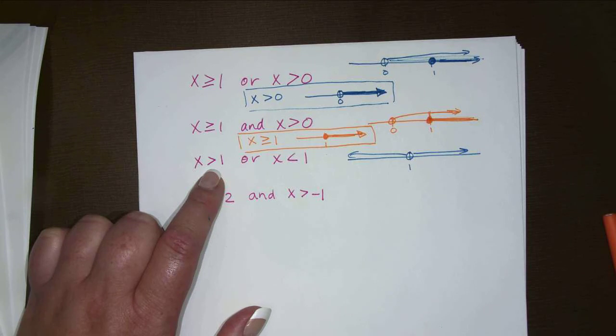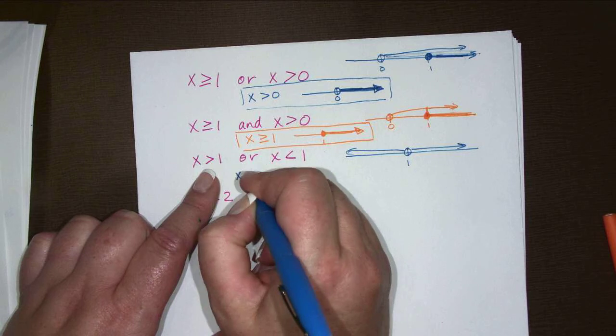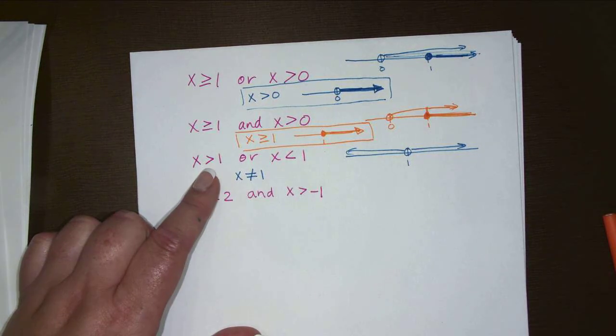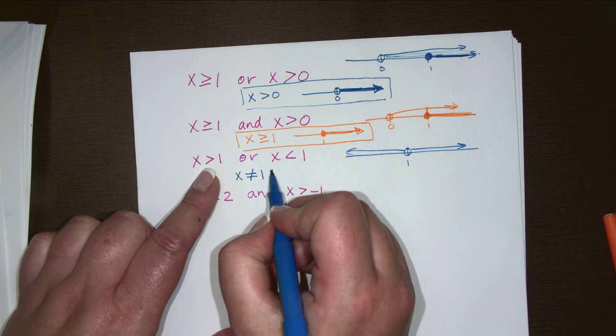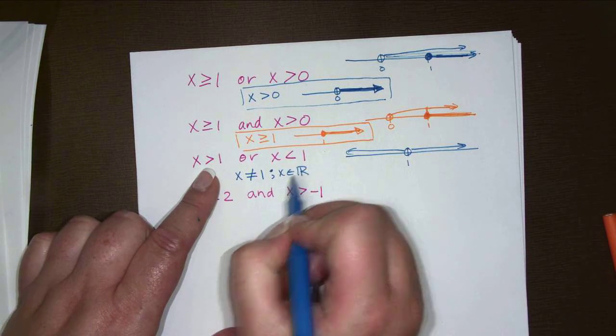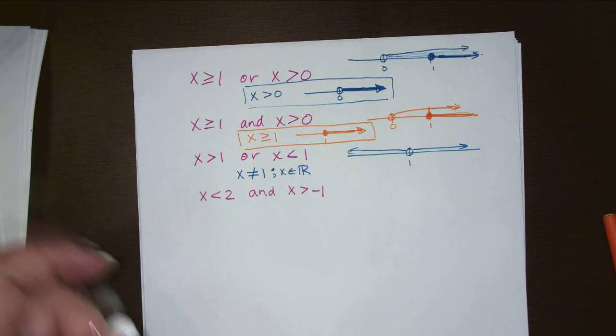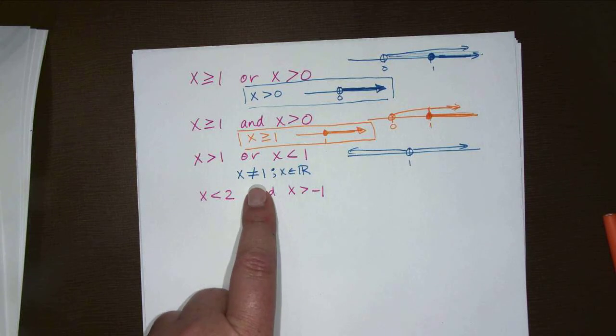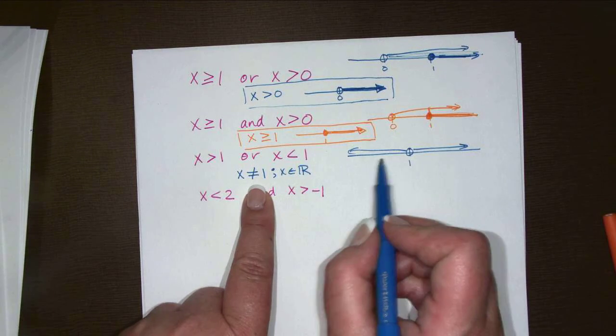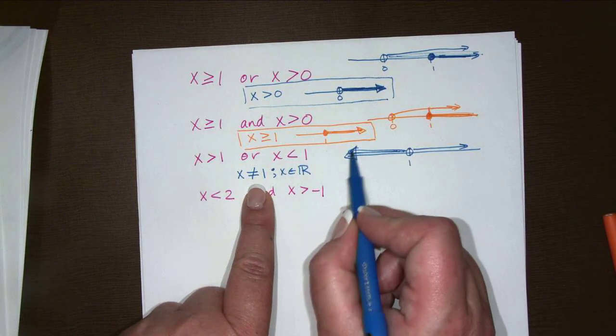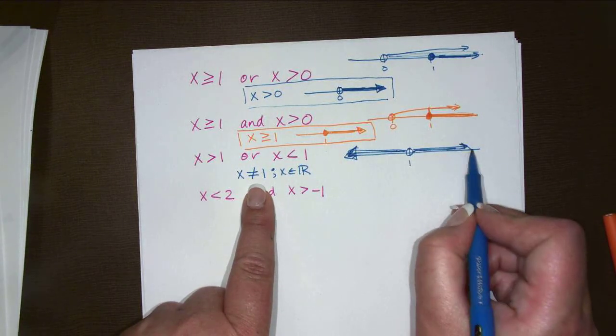Everything's not equal 1. Yeah, exactly. X is not equal to 1. And usually when we say it's not equal to something, we add x as an element of real numbers to say we want everything else. So the only part that doesn't work is 1, but every other number will work in that. And that's how your number line would look. Just a circle at 1.